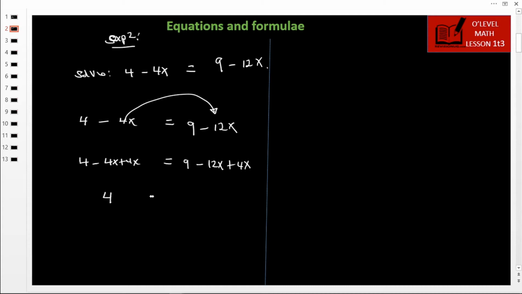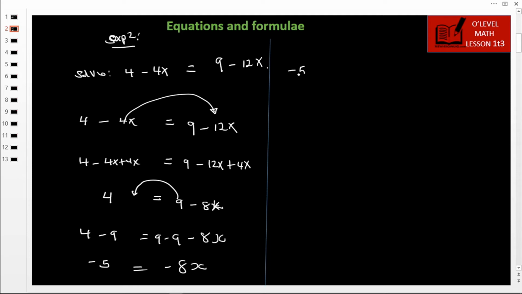Then this is 4, because the x terms are now 0, and on the other side 9. Since we have negative 12 and positive 4, we remain with negative 8x. So we take our 9 across: 4 minus 9 is equal to negative 8x.